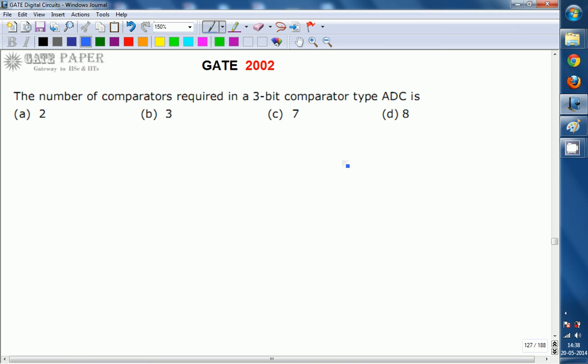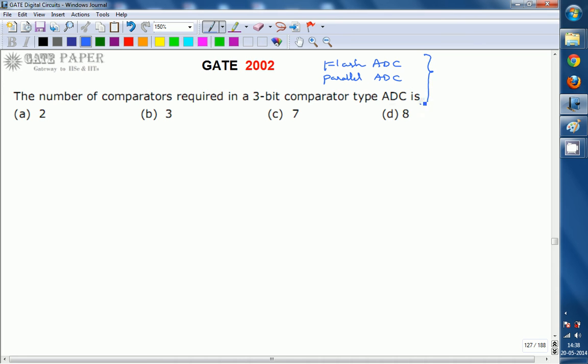So comparator type is also called flash ADC, or parallel ADC. Comparator type ADC, flash type ADC, parallel type ADC, all are the same. Out of all analog to digital converters, this one is very fast.